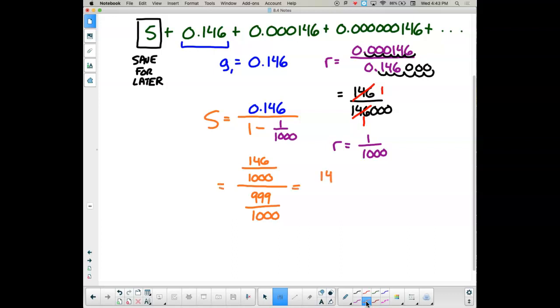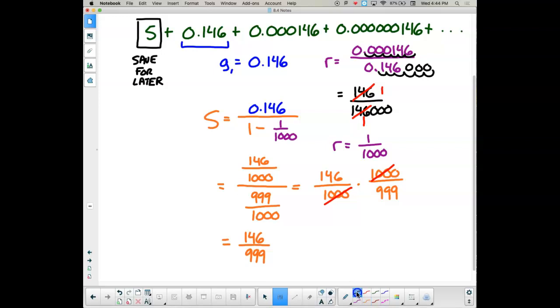So I would take the top fraction, leave it as is, reciprocate the bottom fraction, multiply, my 1,000s cancel each other out, and that leaves me with 146 over 999.